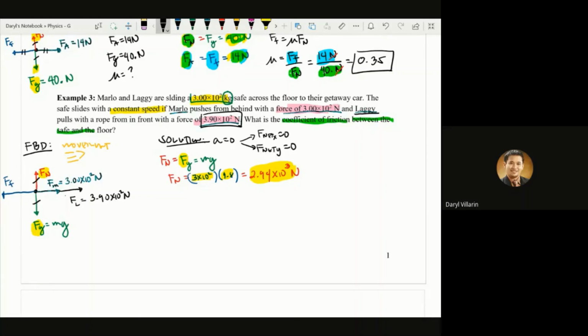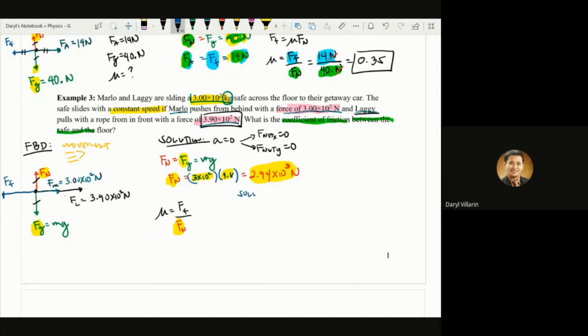So we're solving for mu. Mu is equal to Ff over Fn. We're given the normal force, but we need Ff to solve for the value of mu. Based on the drawing, the friction force is lying on the horizontal axis, so you're talking about the horizontal forces.